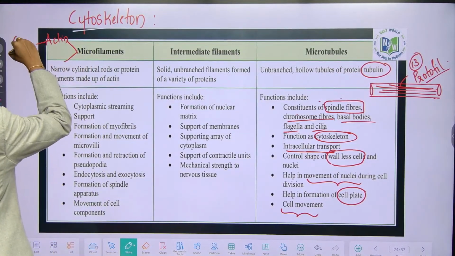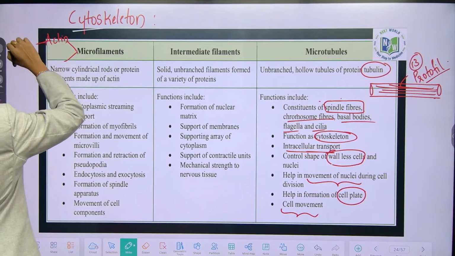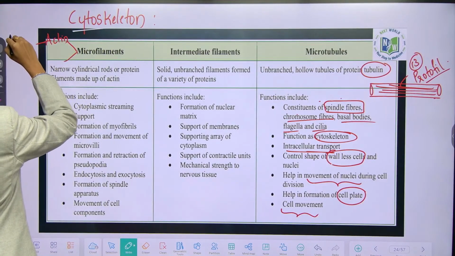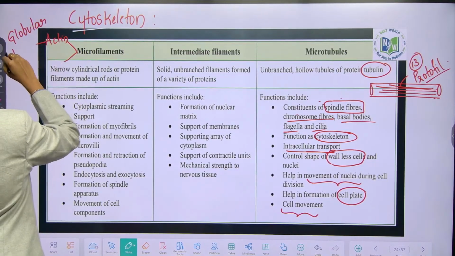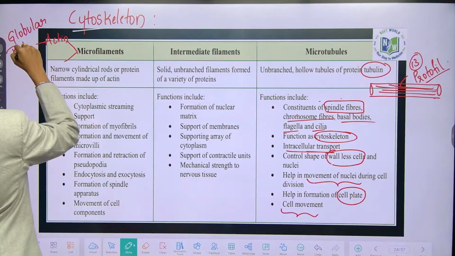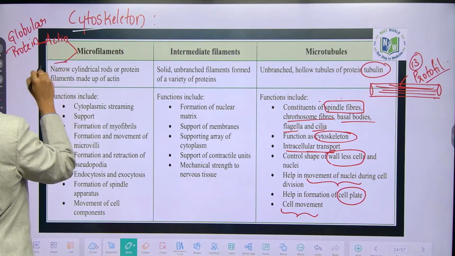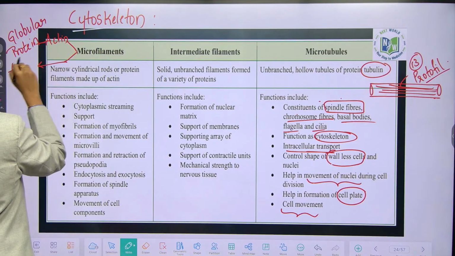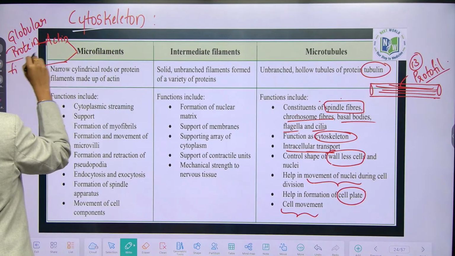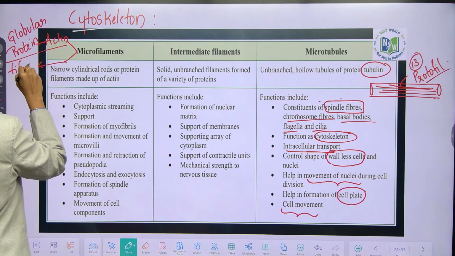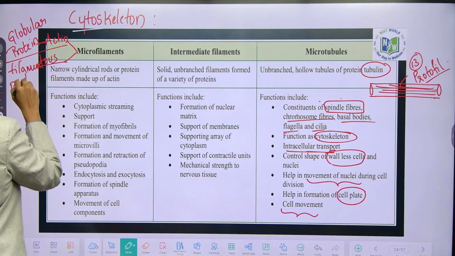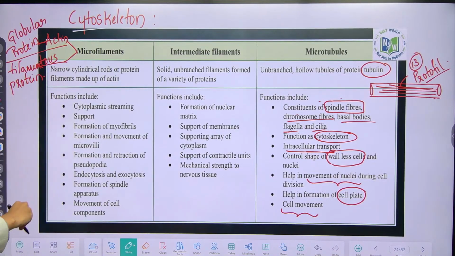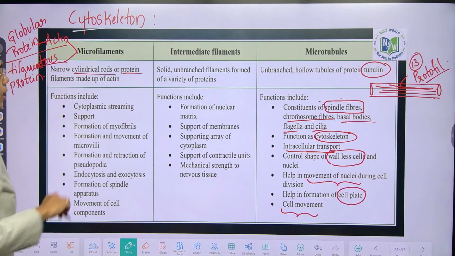Actin is a globular protein and a filamentous protein. There are narrow cylindrical rods or protein-like structures.